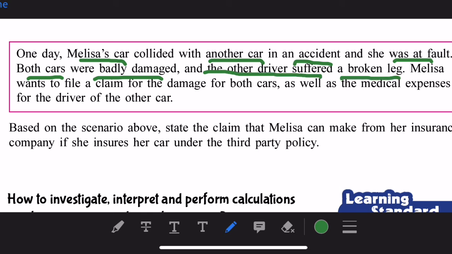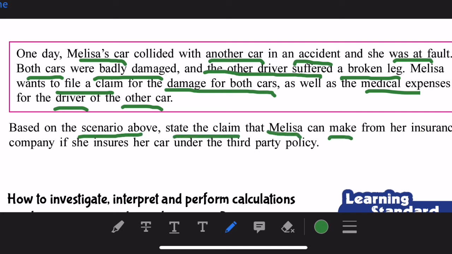Melissa wants to file a claim for the damage for both cars as well as the medical expenses for the driver of the other car. Based on the scenario above, state the claim that Melissa can make from her insurance company if she insures her car under the third-party policy. Do you understand the question? Make sure you really understand the question before you answer.